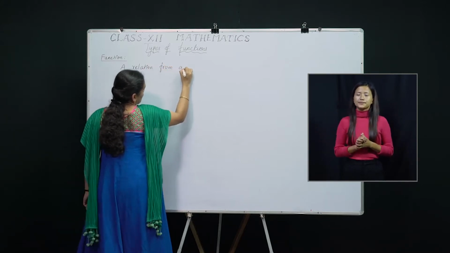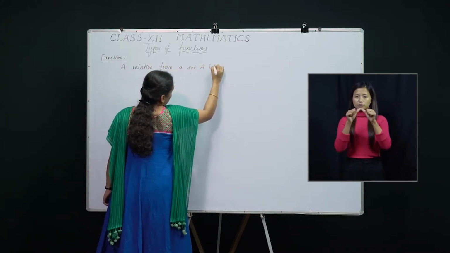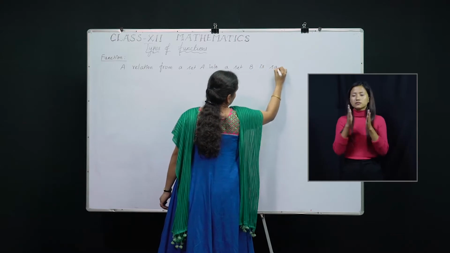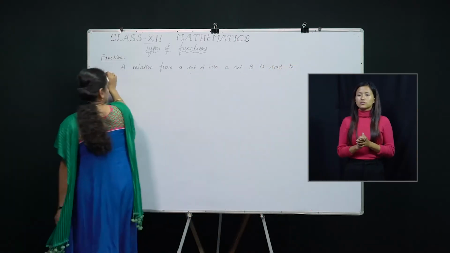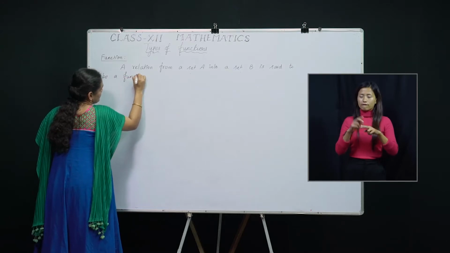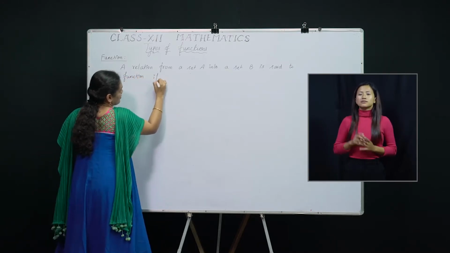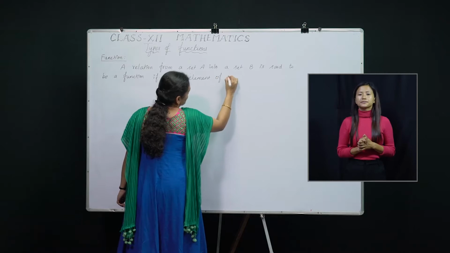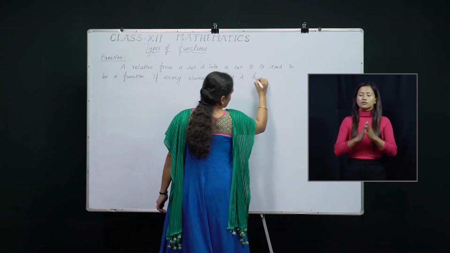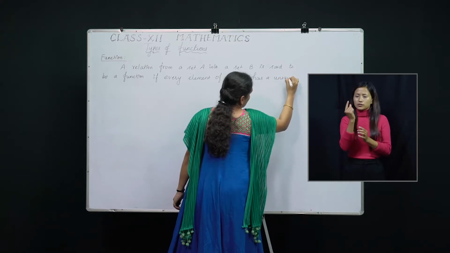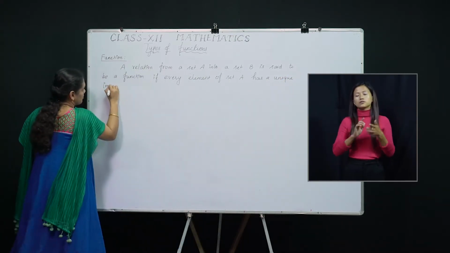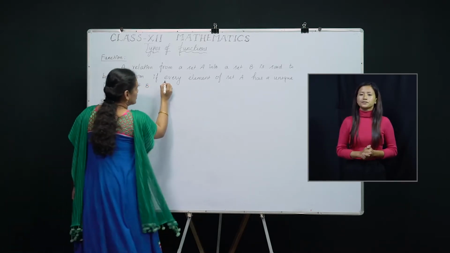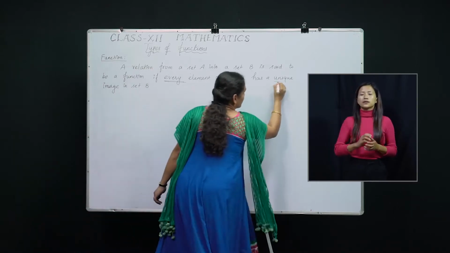from a set A into a set B is said to be a function if every element of set A has a unique image in set B. Okay, these two words, every and unique.